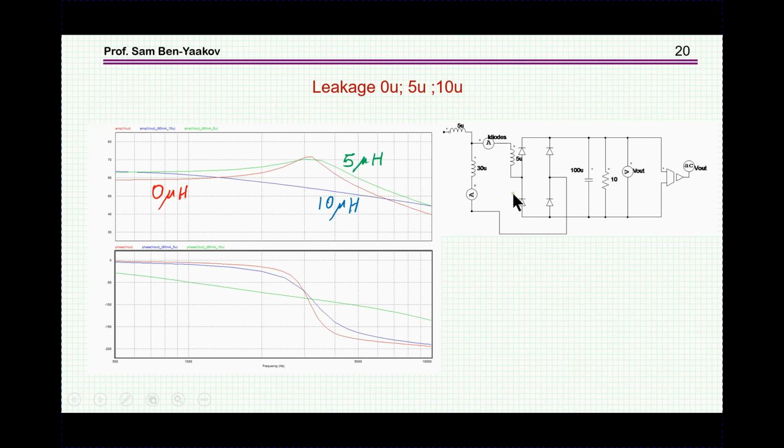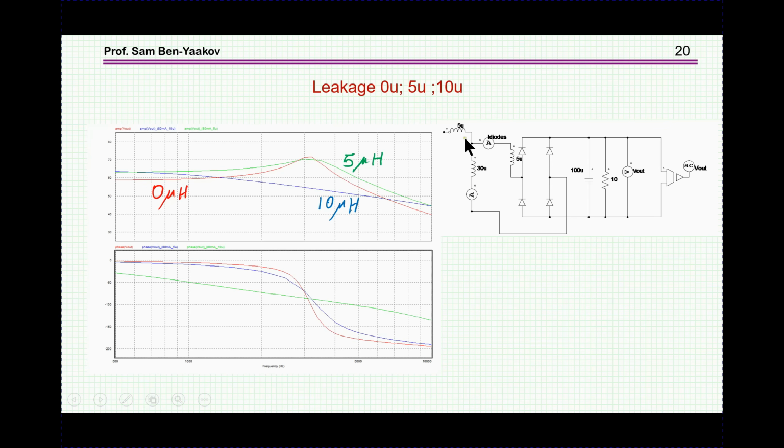This is sort of representing the leakage of a transformer, which I had not included in order to simplify the circuit. So here we have an extra inductor that represents the leakage. And I've run 3 cases, 0 leakage, 5 microhenry, and 10 microhenry. Well, these are a little bit high because this is 30 microhenry.